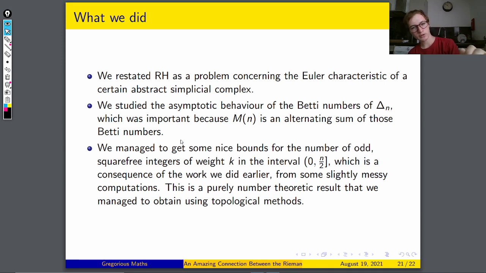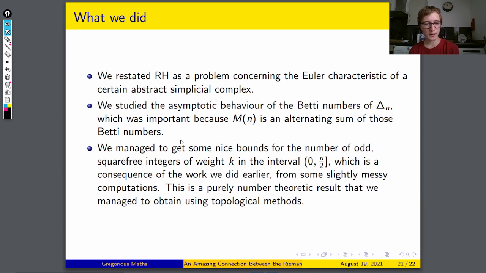We constructed an Euler characteristic which is precisely the Mertens function, and bam, Riemann hypothesis restated as a topological problem. Then we studied the asymptotic behavior of these Betti numbers, and that was important because, of course, our Mertens function is literally an alternating series of those Betti numbers.